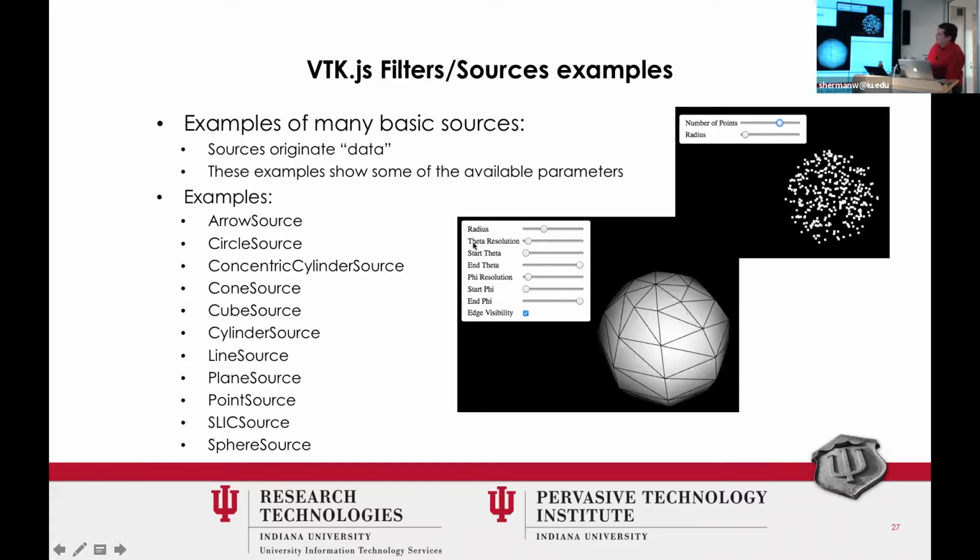In addition to the theta resolution, there's start and end theta, which means you can get part of the sphere. You can start wrapping around and stop in the middle and not go a whole 360, and in the phi not go a whole 0 to 180. And then you can turn the edge visibility on and off. So these are the major options that your sphere source gets.